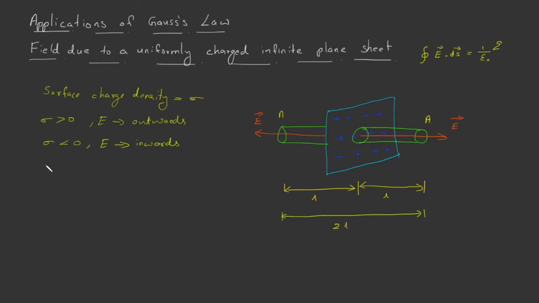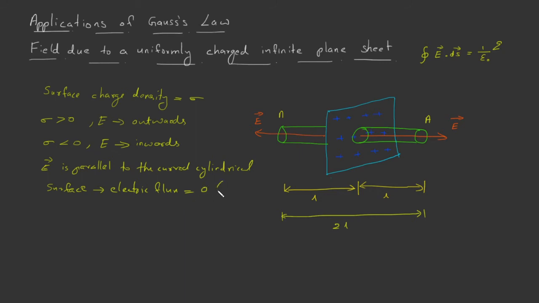Therefore the electric flux through this curved cylindrical surface is 0.